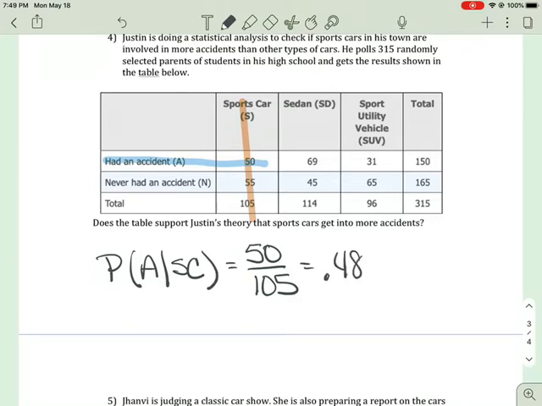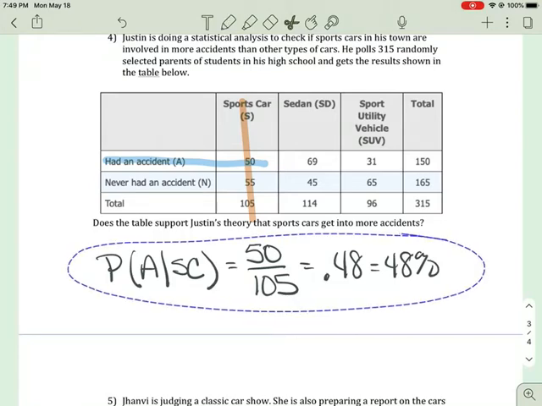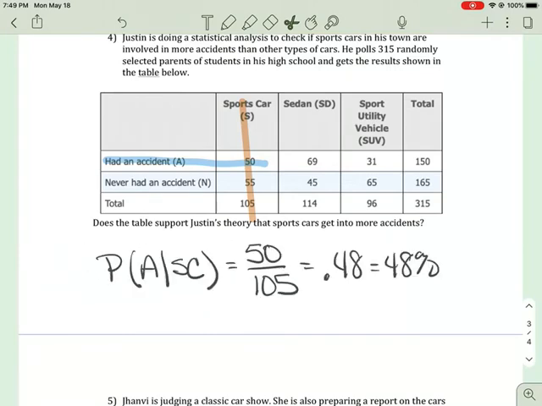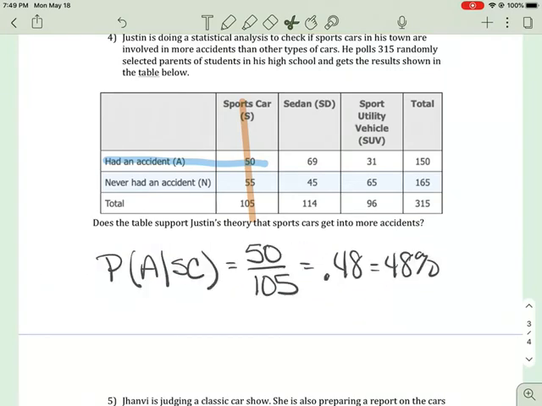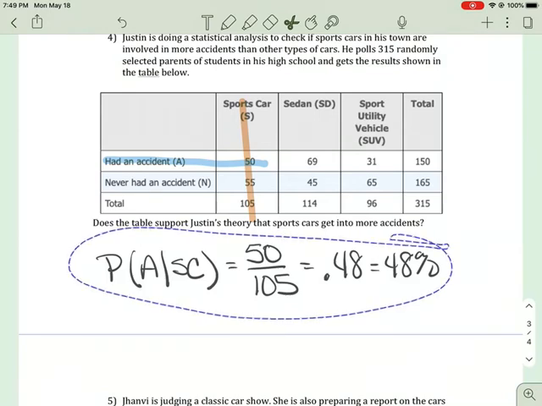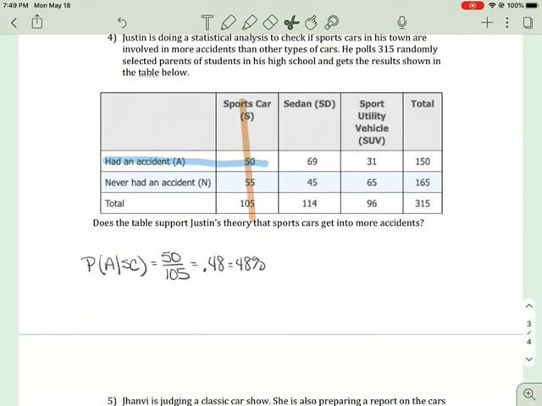That's 0.48 or 48%. Now, how am I going to compare that, given that they're a sports car, to accidents? Well, we can compare that to just the number of accidents.